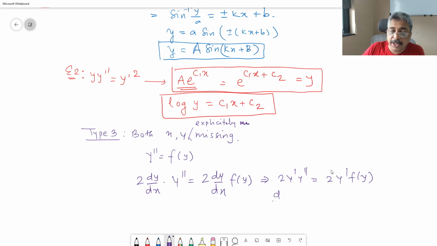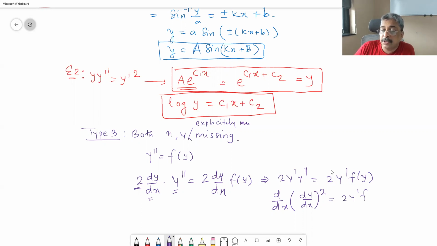So the LHS is d dx of (dy by dx) bracket square. If I differentiate (dy by dx) squared, I will get 2 dy by dx and then the second derivative. That is what this LHS is, which is equal to the same thing, 2 y dash f of y.